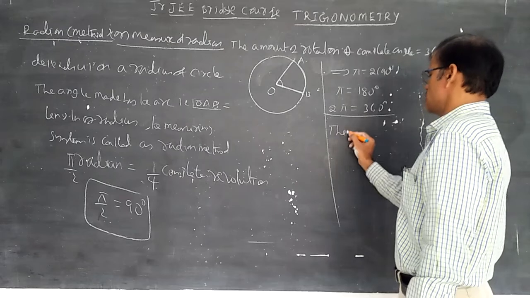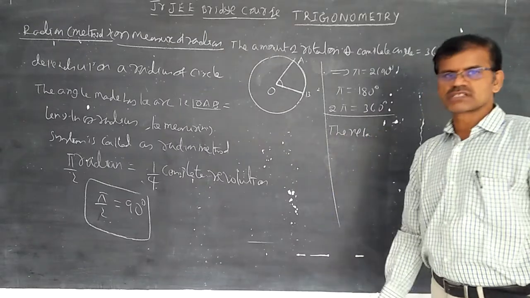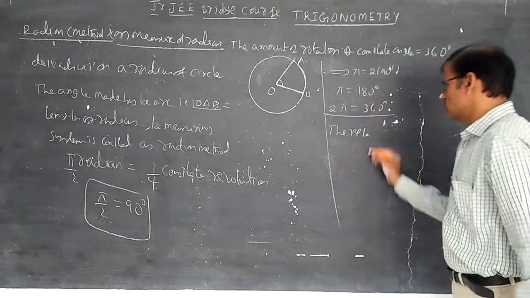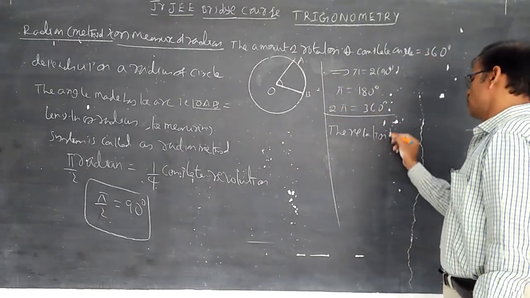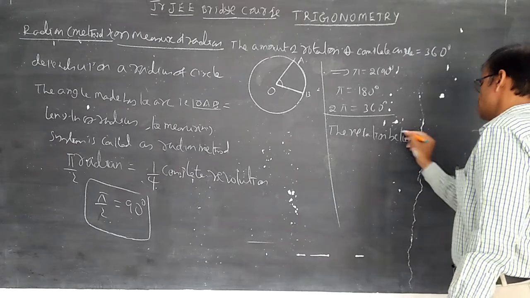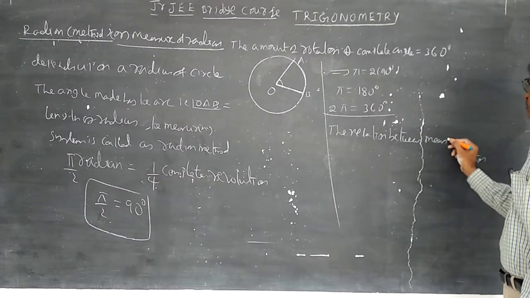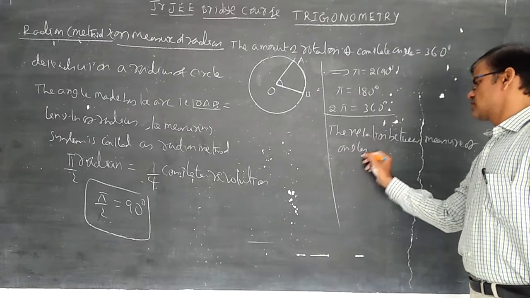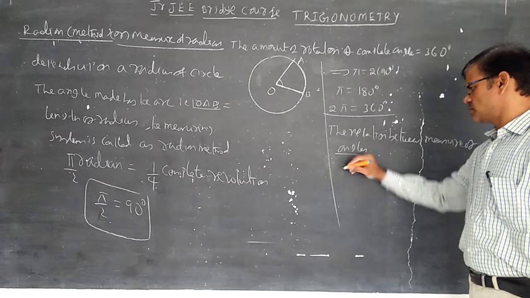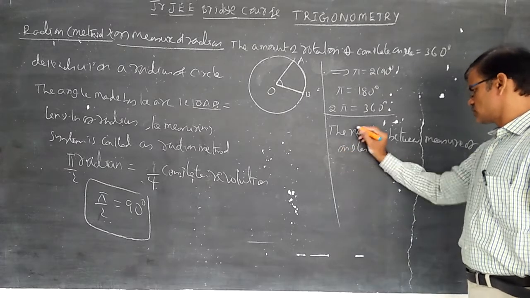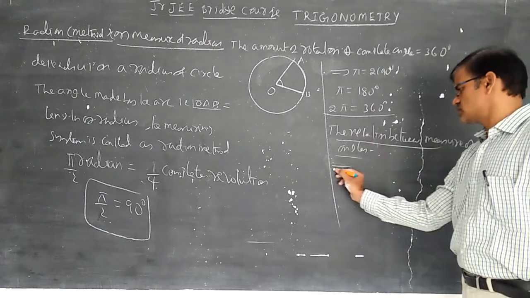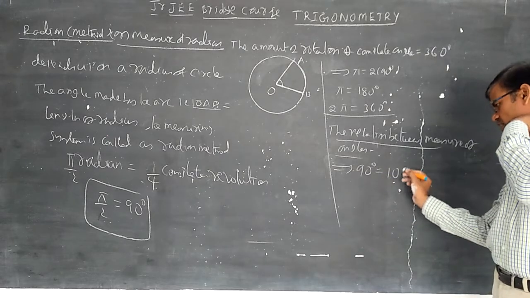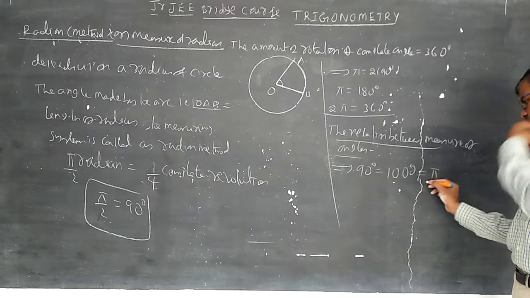Now the relation between the measures: the sexagesimal system, the centesimal system and the radian method. The relation between measure of angles: 90 degrees is equal to 100 grades is equal to pi by 2 radians.